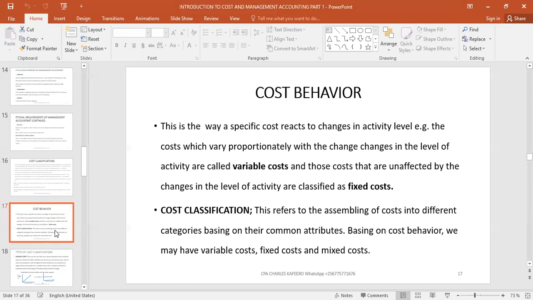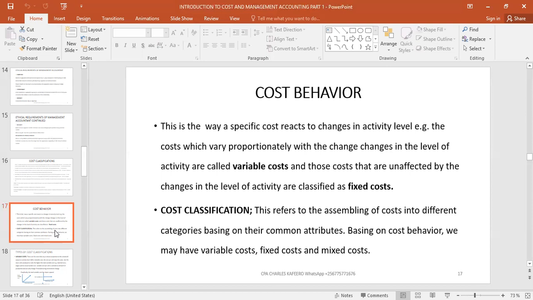The costs are increasing in proportion to the changes in the level of activity. As the output increases, we expect the variable costs also to increase in the same proportion. So don't forget about the word proportion, because it's one of the keywords which really makes the definition meaningful.